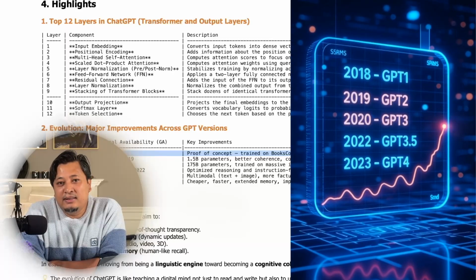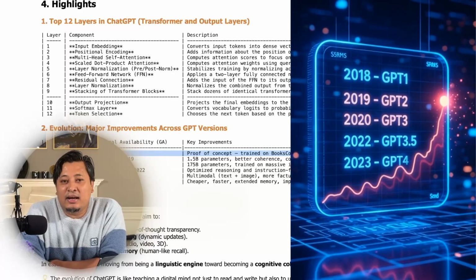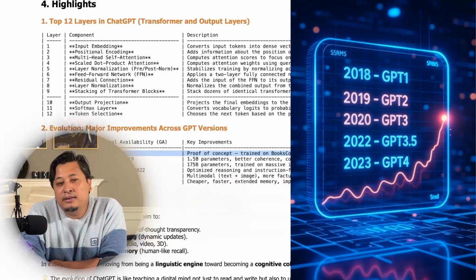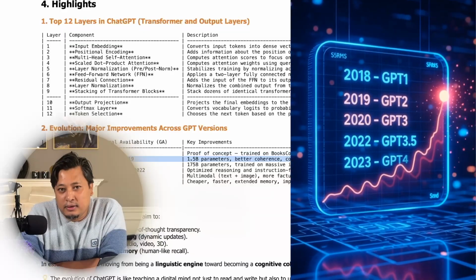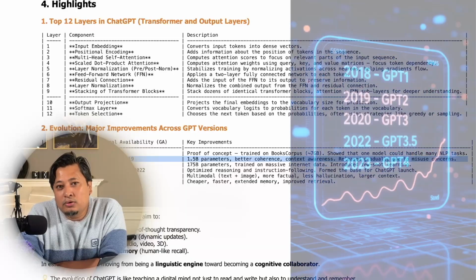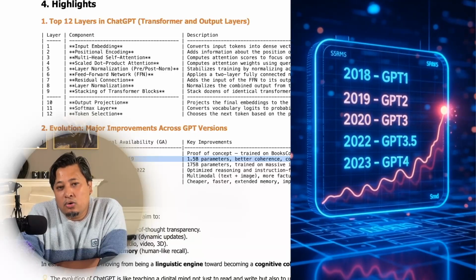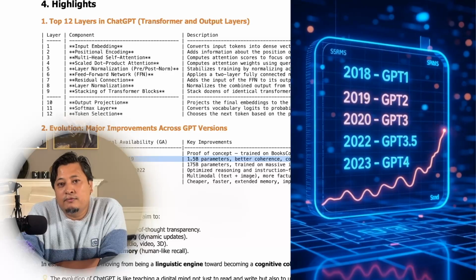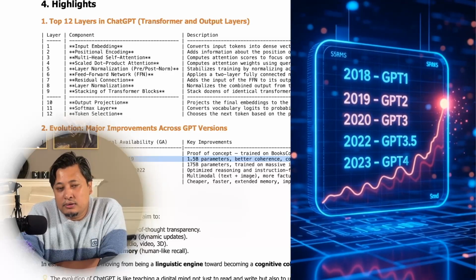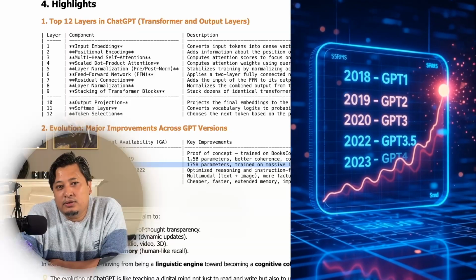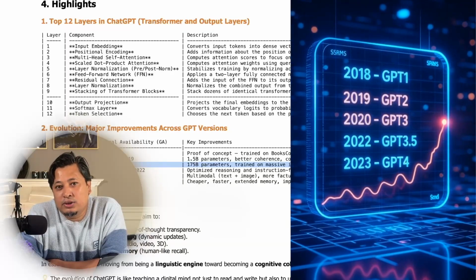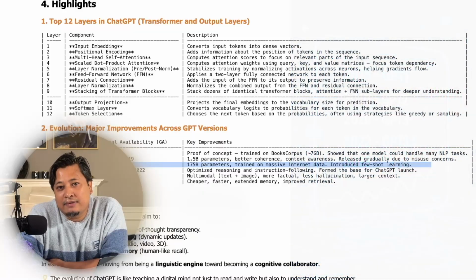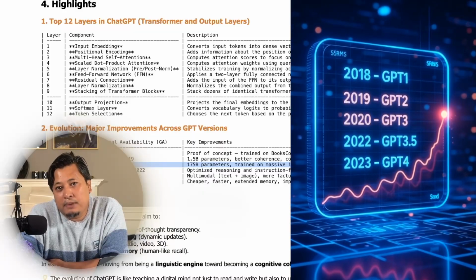In 2018, GPT Model 1 was introduced as a proof of concept and it had the ability to perform many natural language processing tasks. In 2019, GPT Model 2 was introduced with better coherence and context awareness. It was trained on 1.5 billion parameters. In 2020, GPT-3 was introduced and it was trained on massive internet data, that is 175 billion parameters.